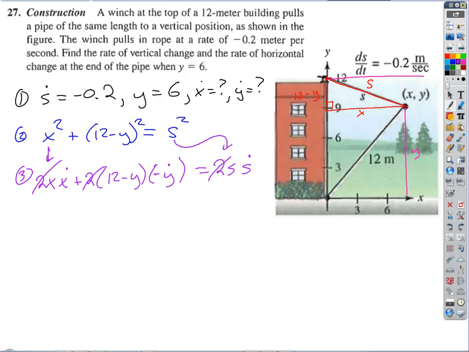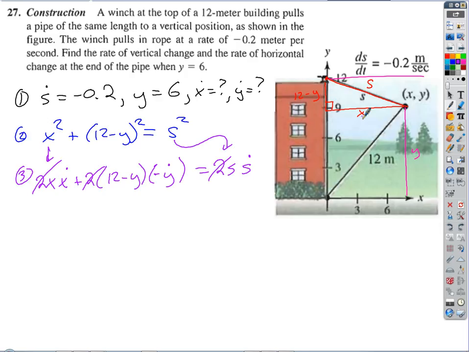So if I know that y is 6, I could solve for x in terms of s and y, couldn't I? You see what I'm saying? I've got a relationship here between x and y and s, right? I know y. Everybody agree?